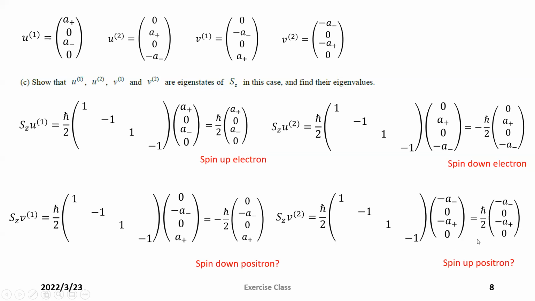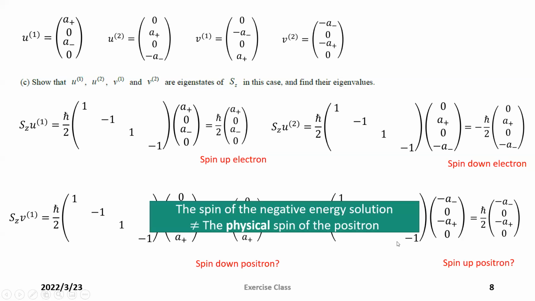But actually, it's not the case, because what we find here is the spin of the negative energy solutions, and it is not necessarily equal to the physical spin of the positron.